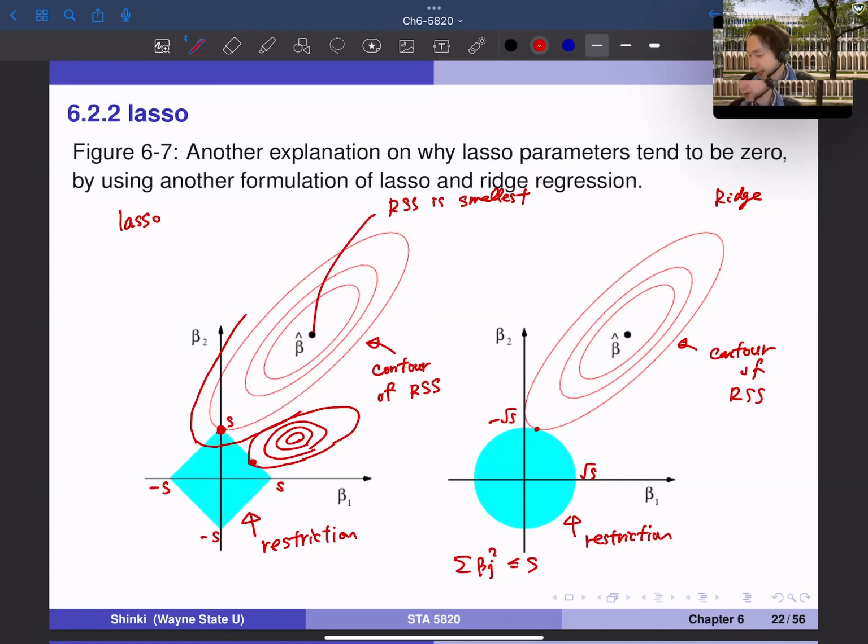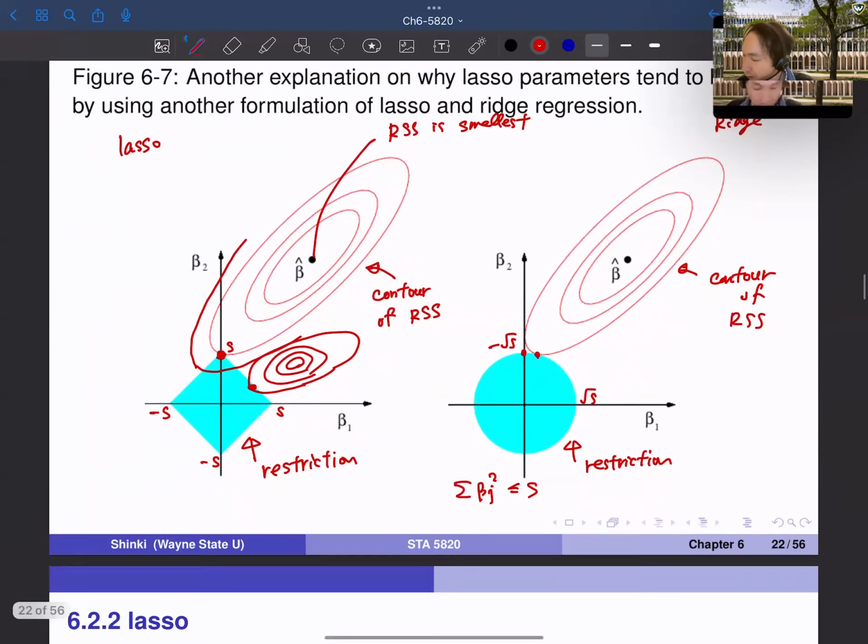But the circle is a uniform shape, so no reason to believe that this point is more likely than this point. So this is one explanation: the lasso has more zero parameters, more estimated parameters equal to 0.